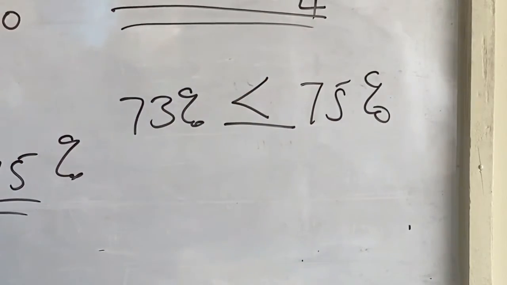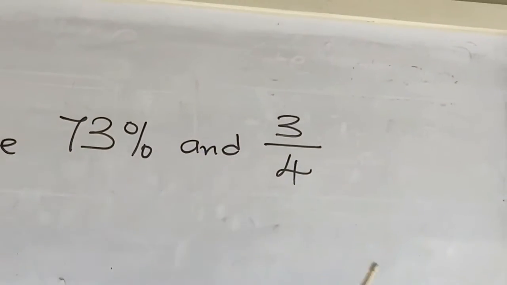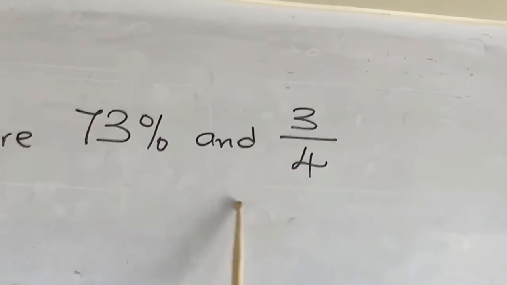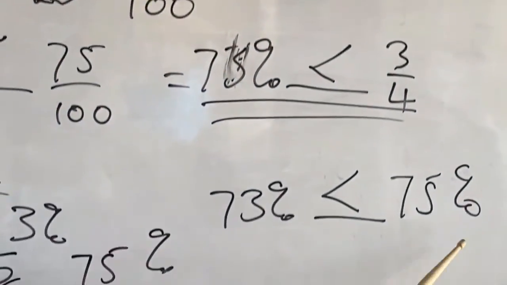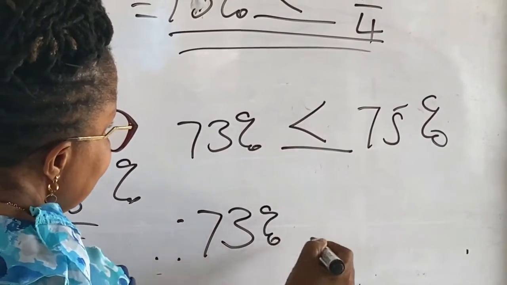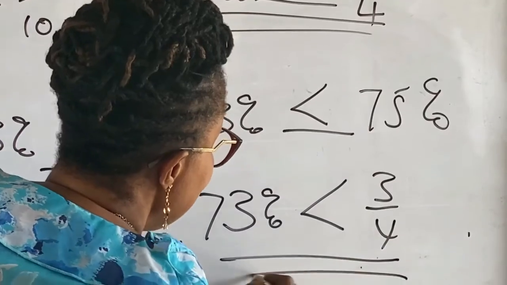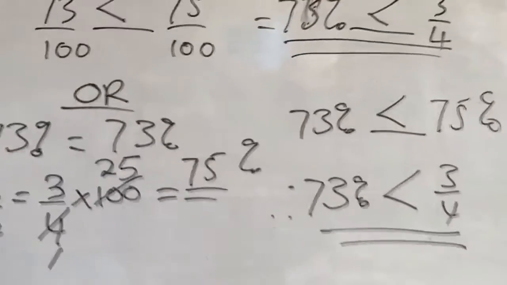So we'll put in this. Now, the question asked was between 73% and 3/4. And we know that 3/4 is the same as 75%. So therefore, 73% is less than 3/4. And this will be your final answer.